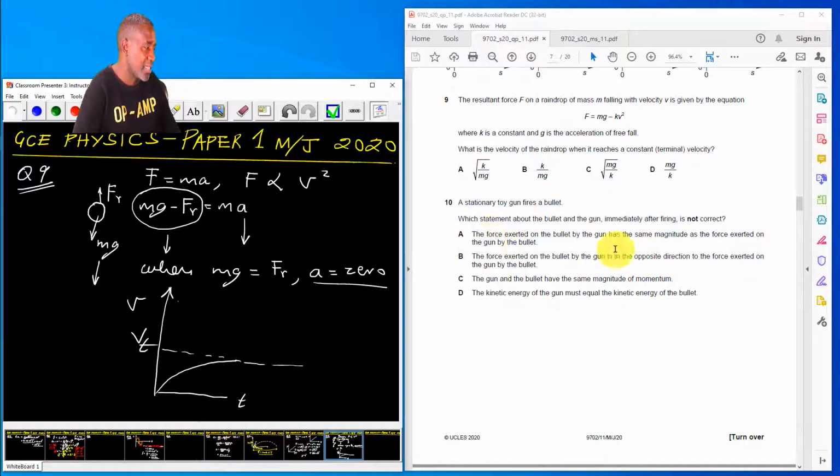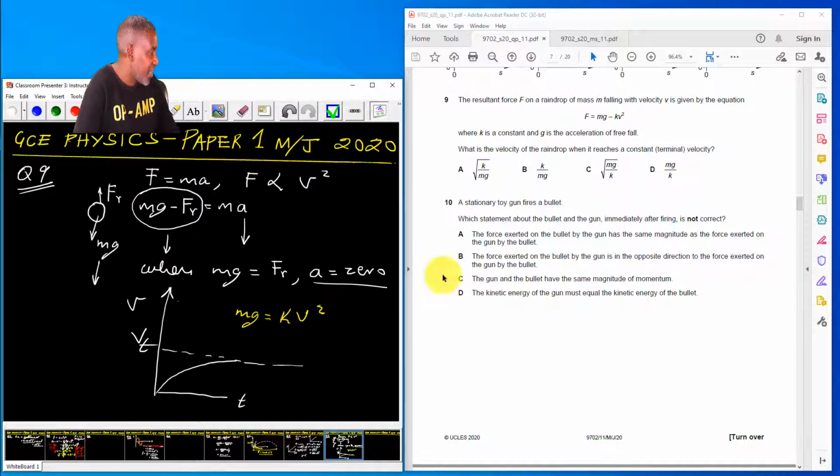Now we are asked, what is the velocity of the raindrop when it reaches a constant velocity? In that case, we have already said that when mg is equals to fr, so that is where I want to state that over there, our mg is equals to kv squared.